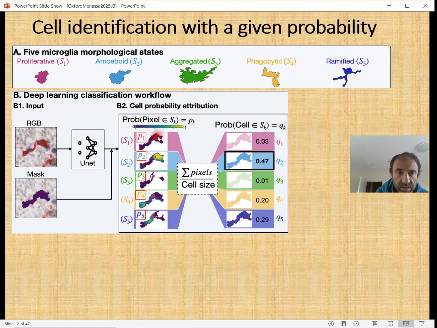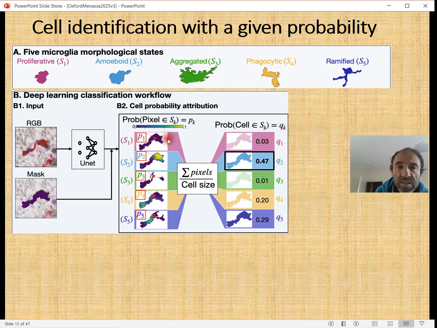The result of the classification is to give the probability of belonging to one of these 5 classes for a given pixel. So if you want to go from one pixel to the entire cell, you have to sum over the pixels, and then you get a probability of belonging to one of the classes.